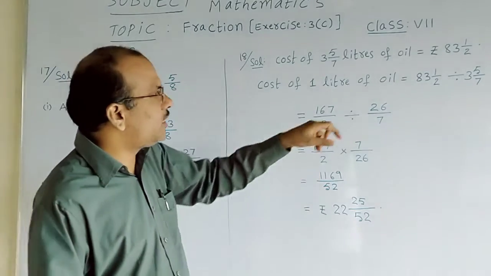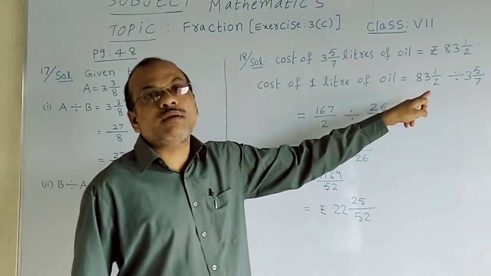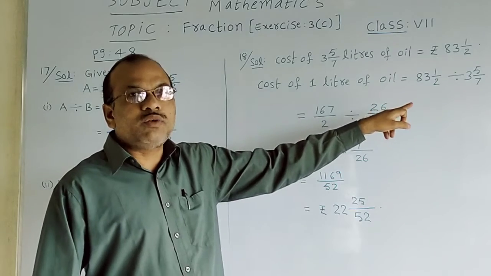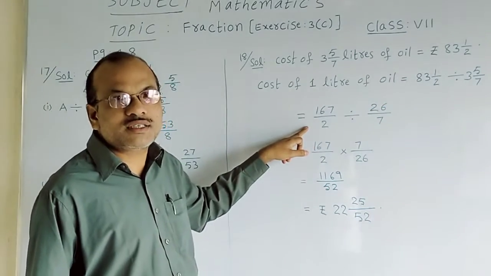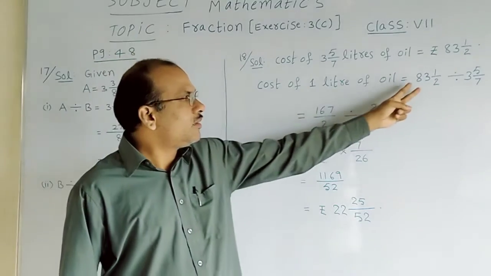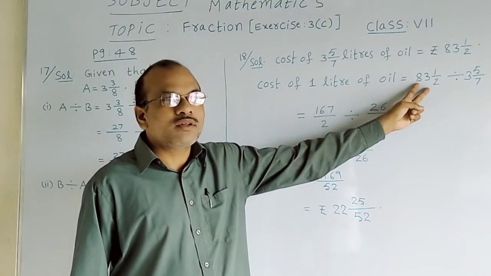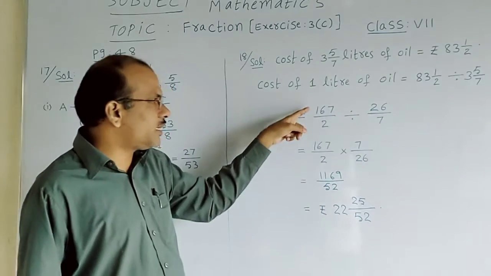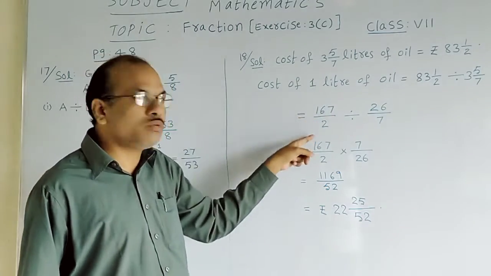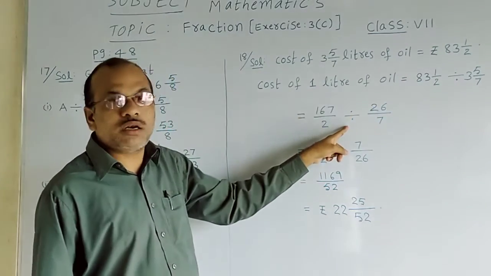Now, here these things are given as mixed fractions. Then we have to convert them into improper fractions. That is 83 2s are 166 plus 1, 167 by 2, divided by symbol.